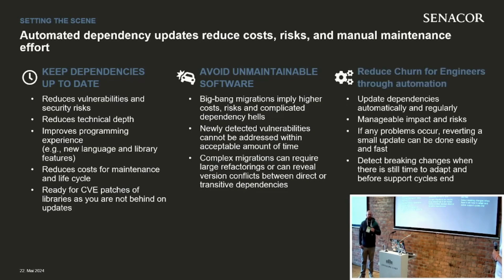And, well, the obvious one, automation reduces churn. If you get a nice sweet PR with, hey, look, that's the new version, just press a button, that's obviously way easier than going on the hunt for updates of your dependencies on your own, figuring out where do I need to upgrade, what do I need to upgrade. And yeah, all this reduces the churn.